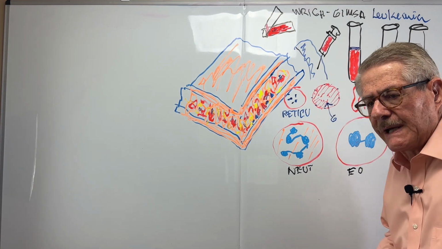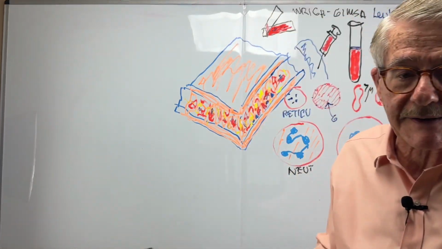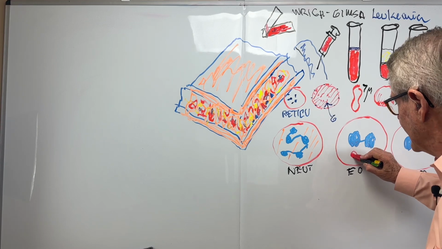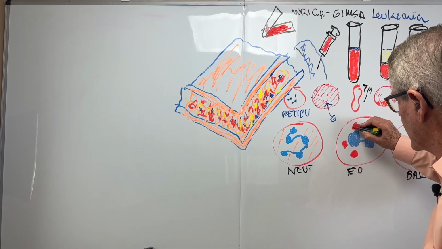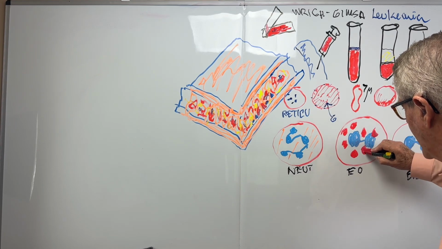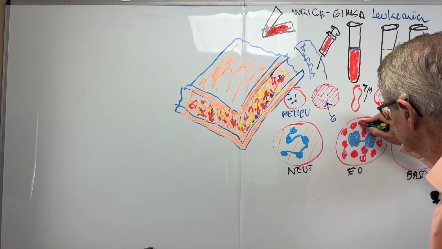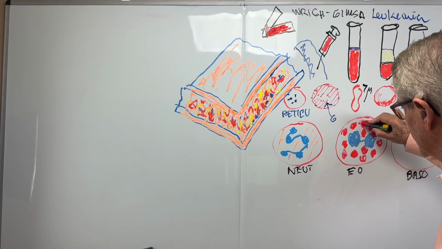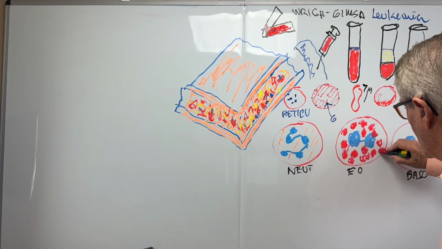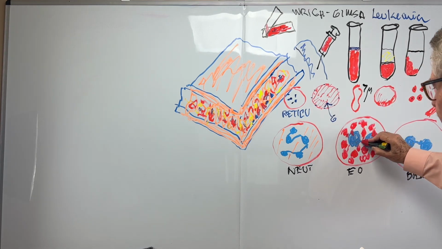Why would we call a cell an eosinophil? Obviously, because it will stain with eosin. That's a pretty good answer. And the granules are remarkable for being red. This cell has tons of red granules. So the eosinophil is a cell stained with bright red granules that almost obscure the nuclei.